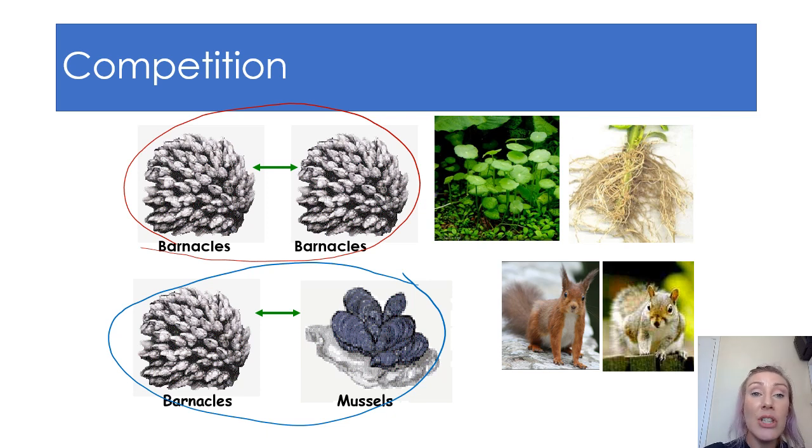Okay, so competition occurs between plants and animals within ecosystems, and you do need to recognise what resources they are competing for. If you think back to your GCSE knowledge, what kind of resources do plants compete for? Obviously they photosynthesize, so light is going to be a big deal.